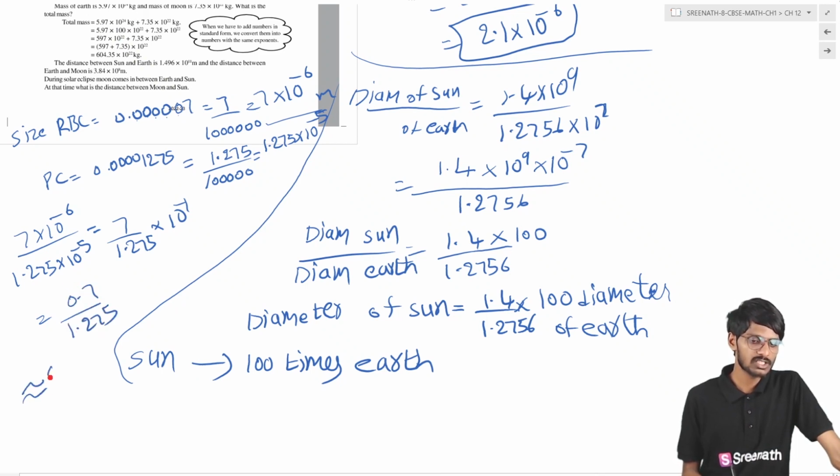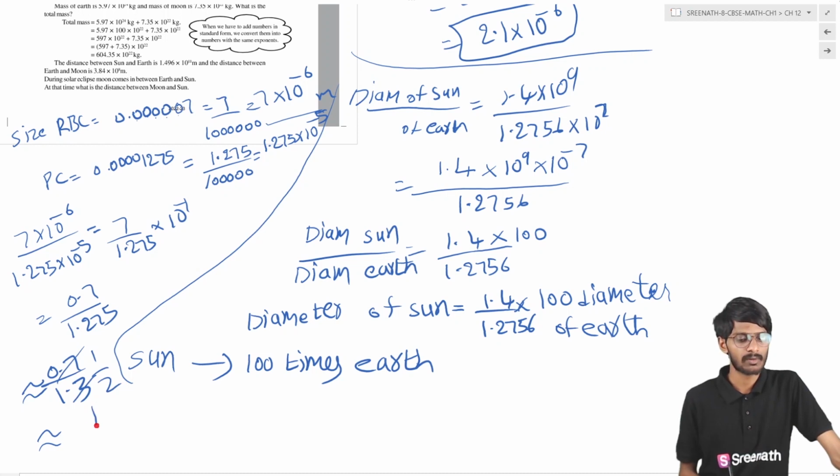So approximately 0.7 divided by 1.3. Approximately how much it is? It is 1 by 2. Approximately 1 by 2. So therefore red blood cell size divided by plant cell is equal to 1 by 2.